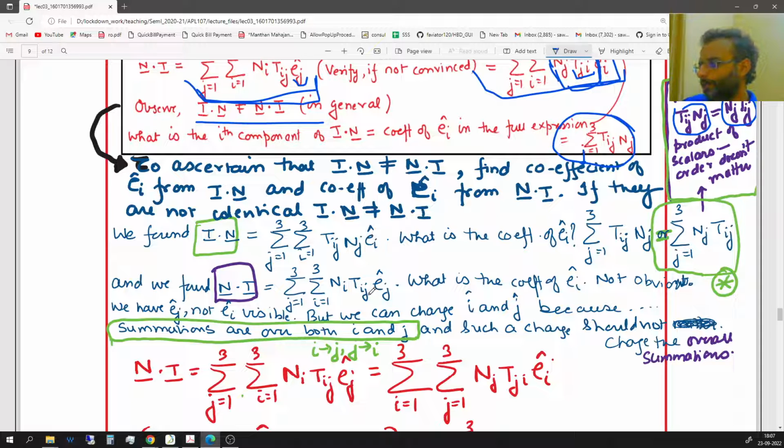So if I want to change all j's to i's, I should change all i's to something else, right? But I will not change it to something altogether else. I will just change all i to j's. So all j's to i, all i to j will just be adequate for me to achieve what I'm trying to achieve, to get ei in my expression.